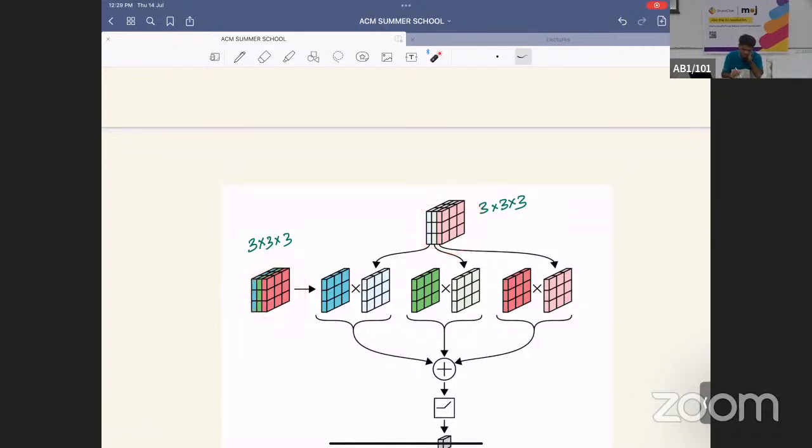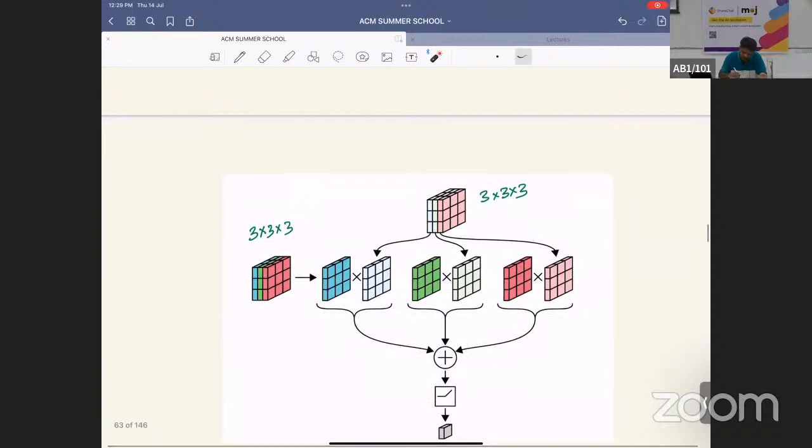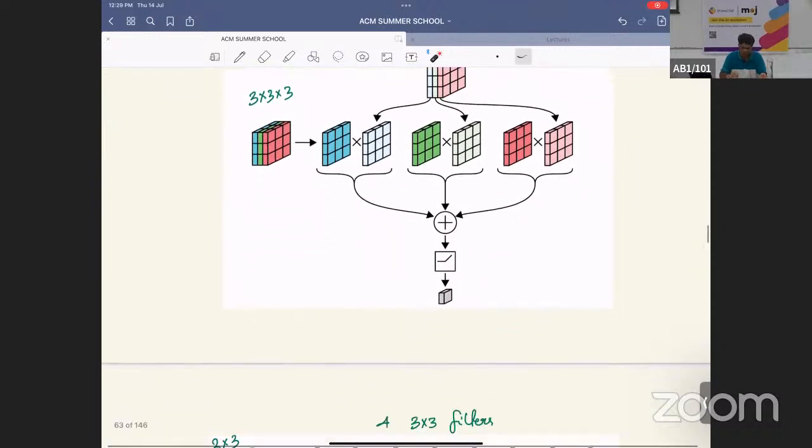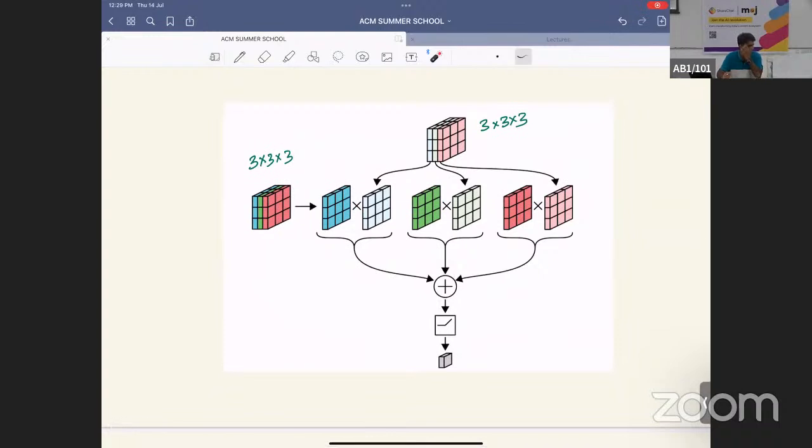One cube is there, another cube is there, and this cube enters into it. It's an inner product happening in the tensor space, or you can realize it as 3 inner products happening in the 2D matrix space, and then they are summed up. This channel takes an inner product with the first channel of this, the middle channel with the middle channel, and the third channel with the third, followed by the ReLU or any activation function.